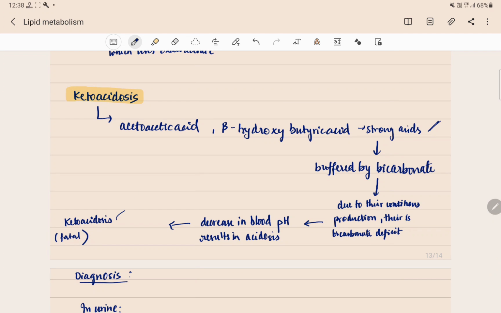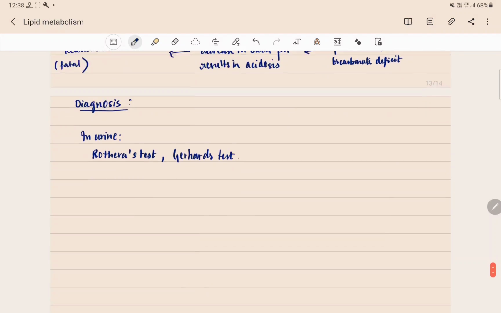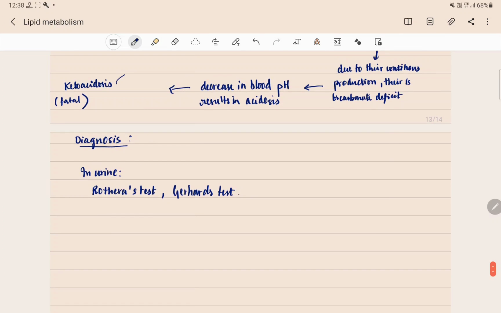This is called ketoacidosis, which can be fatal. How can you diagnose ketoacidosis? By checking the urine. There are two tests, Rothera's test and Gerhardt's test. These are the diagnostic tests for ketoacidosis, or to check the ketone levels in the urine.